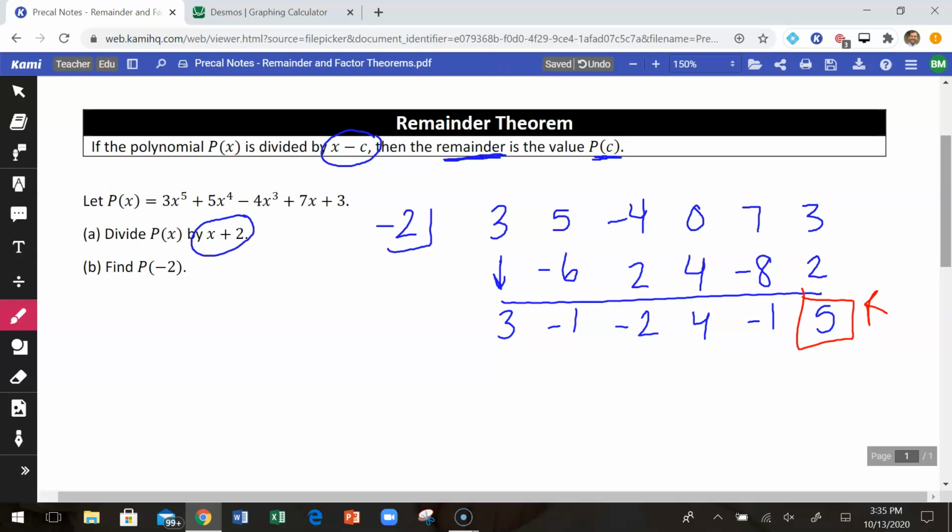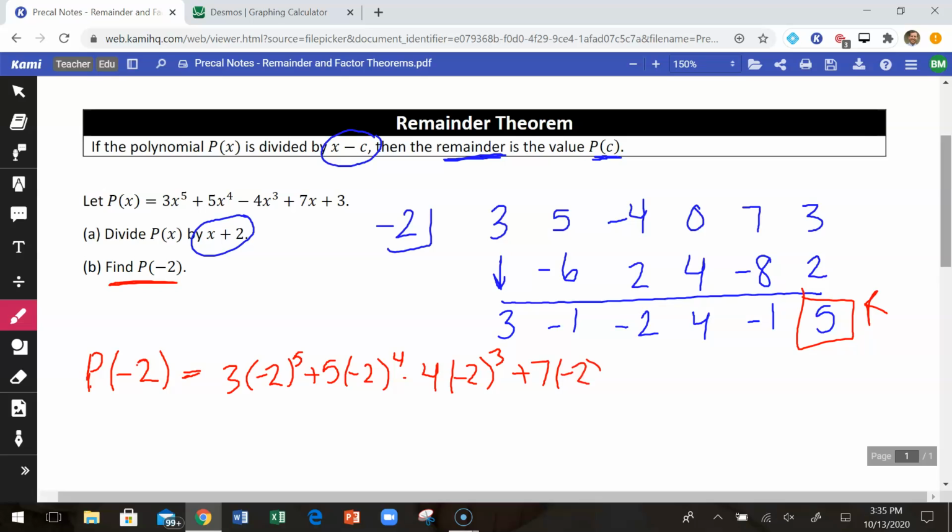Look, using the remainder theorem, it doesn't really matter what I have left down here other than the remainder. So what this is saying is, the second part says find p of negative 2. Well, p of negative 2 would say take negative 2 and plug it in to the function, right? So it would be 3 times negative 2 to the 5th plus 5 times negative 2 to the 4th minus 4 times negative 2 to the 3rd plus 7 times negative 2 plus 3.